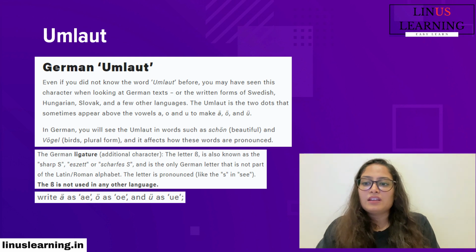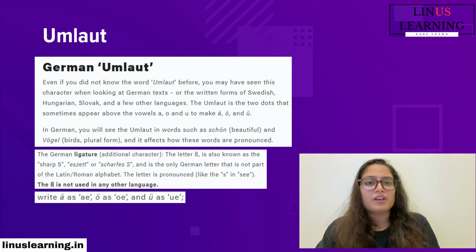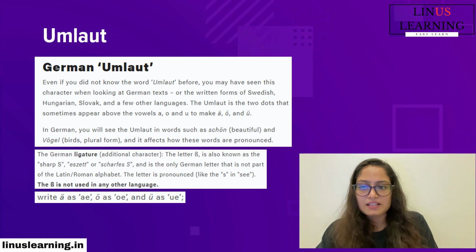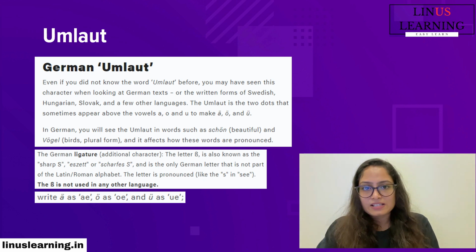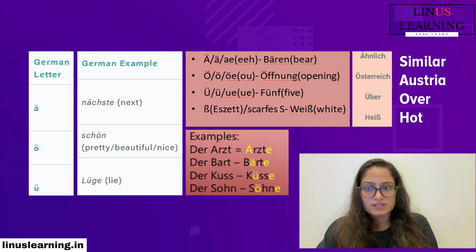Then if we have P and F together, then P is silent and we just say F, like Pferd. Pferd means a horse. Let's say that once again. Eis, ice, Auto, Eule, Spinne, Stern, star, Schere, scissors, Pferd, horse.